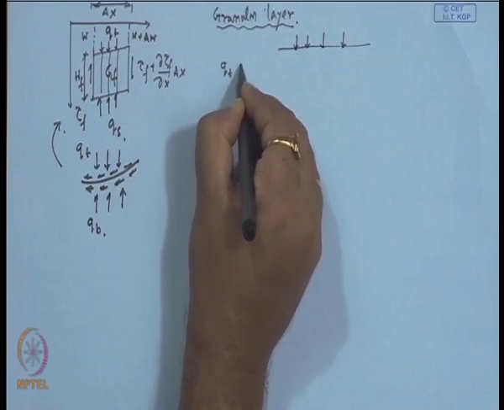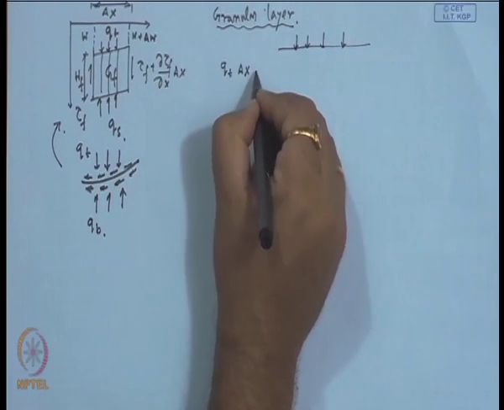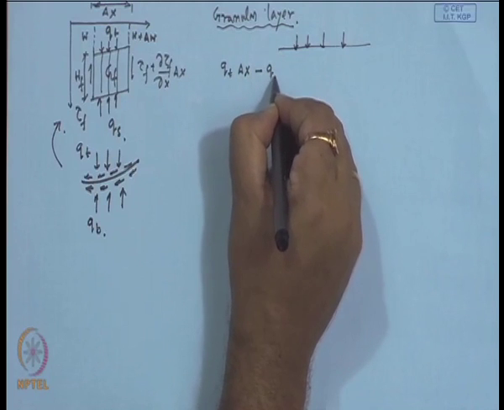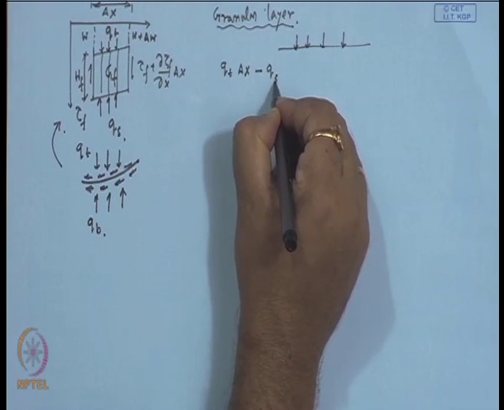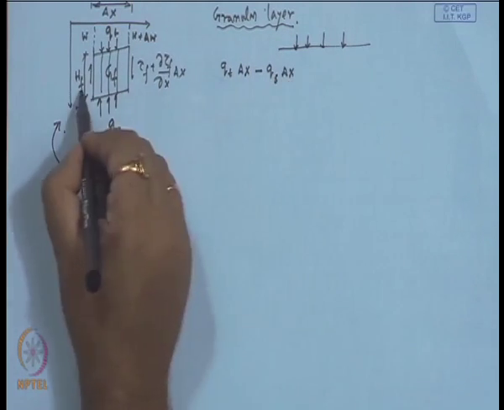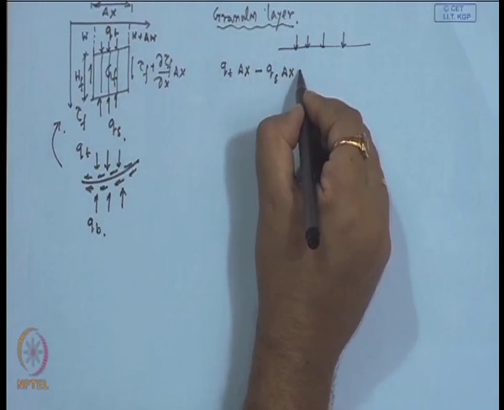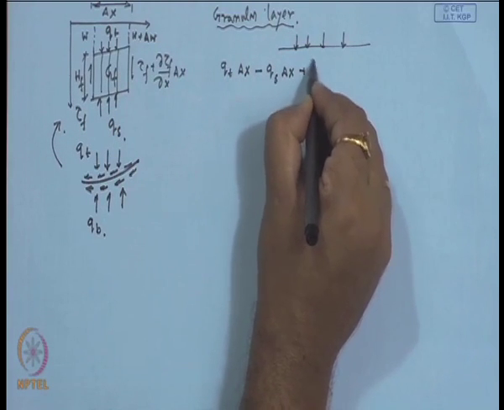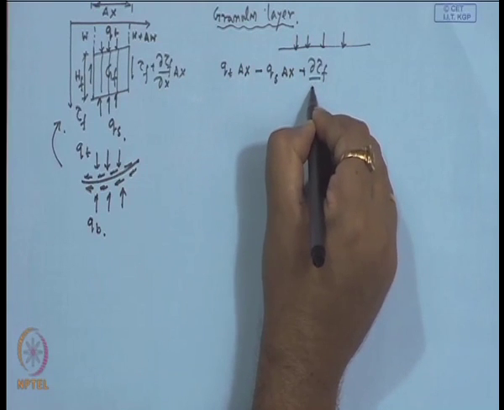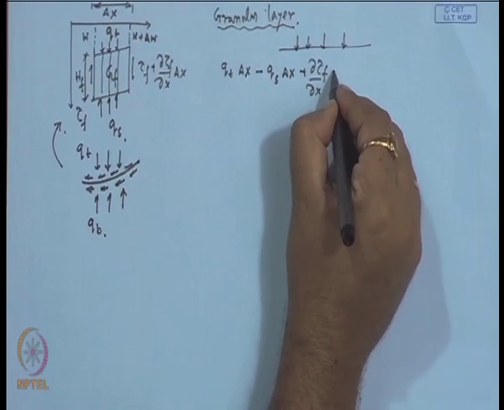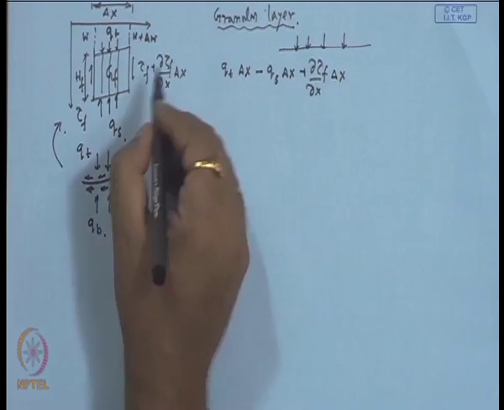So, now for a small segment, we can write q t del x minus q s del x, and from here tau f is cancelled out, plus del tau f del x, and this is del x.